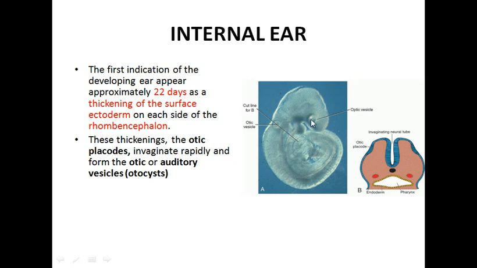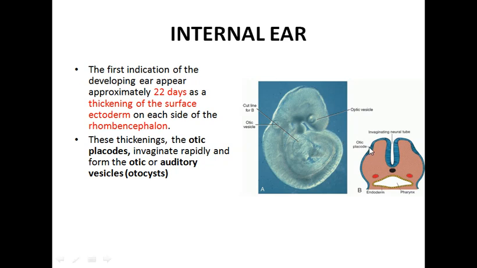Right, just like the optic vesicle for the eyes, likewise for the ears we have the otic vesicle, which are the thickenings of surface ectoderm near the rhombencephalon at approximately the 22nd day, right? इनको हम otic placodes भी कहते हैं. Now what happens, these otic placodes will invaginate rapidly, forming the auditory vesicles or otocysts, right?